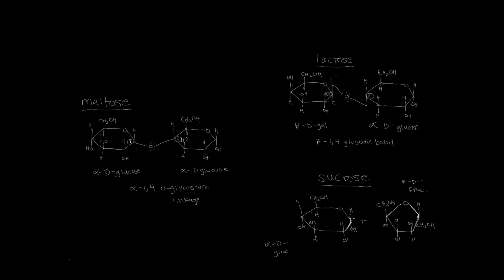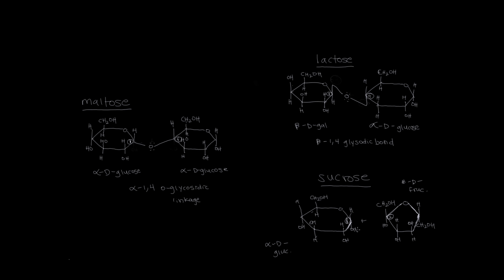And so, unlike the bonds between the 2 sugars in maltose and lactose, which is a bond between the 1st and 4th carbon of the 2 sugars, this bond occurs between the 1st carbon of this alpha D-glucose and this 2nd carbon on the beta D-fructose.